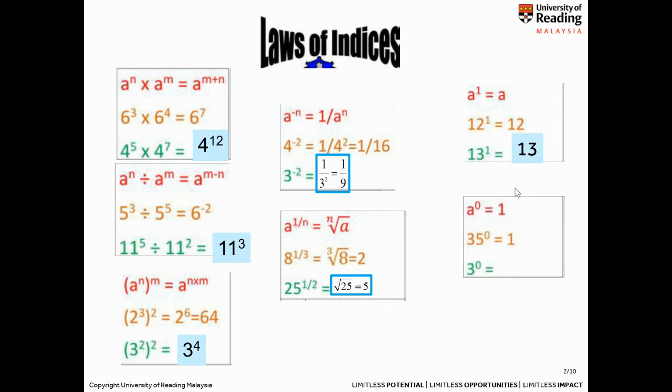So here is another special property of the law of indices. That means any base to the power 0 is 1. So 35 to the power 0 is 1, and 3 to the power 0 is also 1. So this is the law of indices that you learned early on. So please apply them correctly in the questions.